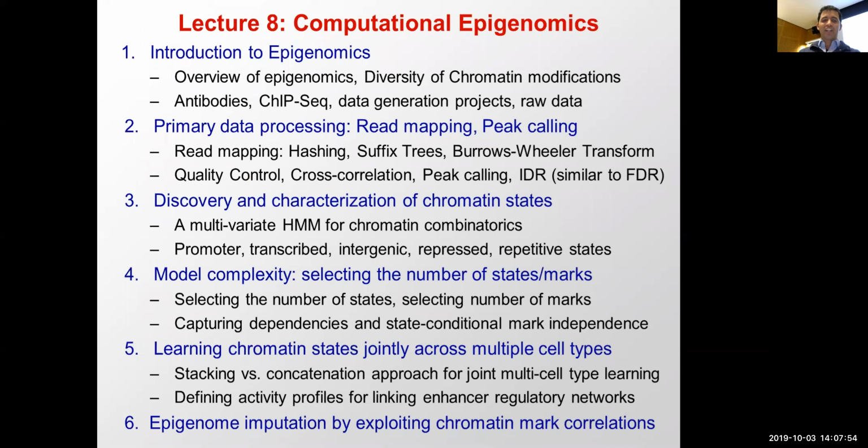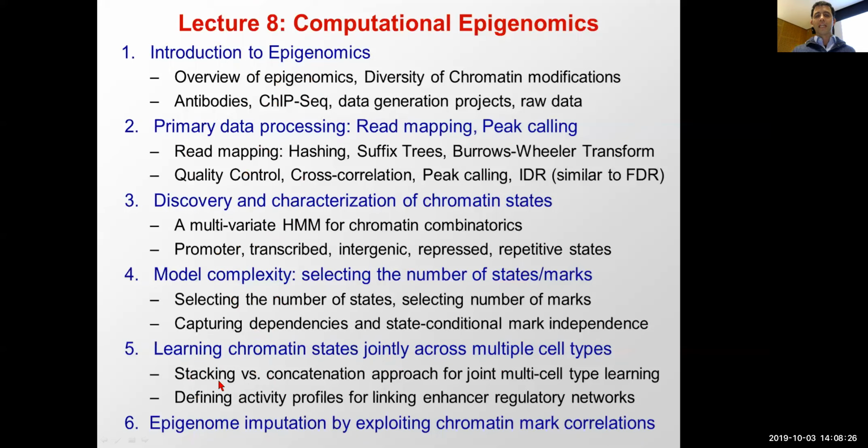We're now going to get into the second half of today, which is lecture 9, the 3D epigenome. The epigenome is compacted by a factor of 10 to the 6, as I mentioned earlier. But what we learned about is overall epigenomics: how to process the data, how to discover and characterize chromatin states, how to choose the number of states, and how to learn these chromatin states jointly across different cell types.